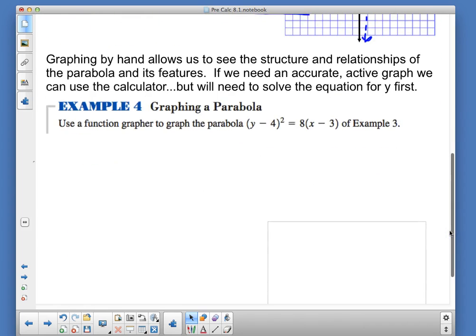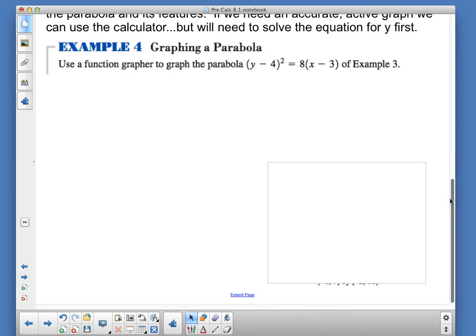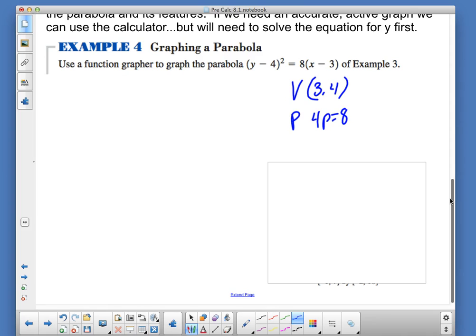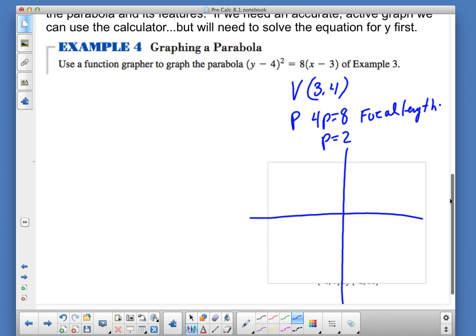So when we're doing this, you can graph this quite quickly. We've got a vertex, vertex is 3, 4. Okay, my P is, remember, when I find P, 4P equals 8. Divide by 4, P is 2. So I know that I've got P is 2 on this. I know my focal length. This is also focal length. And if I go through this and I just have a graph coming through, I'm going to take my 3, 4, 1, 2, 3, 1, 2, 3, 4.